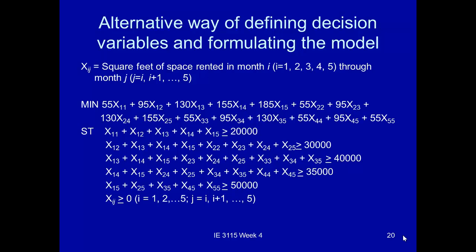Similarly, we won't have x31 or x32, but we're starting here with x33: we rent in the third month and it goes through the third month. We rent in the third month and it goes through the fourth month, through the fifth month. Then x44, x45, and x55. Okay, so that's the new way. And try this in Excel. Let me go to my Excel.